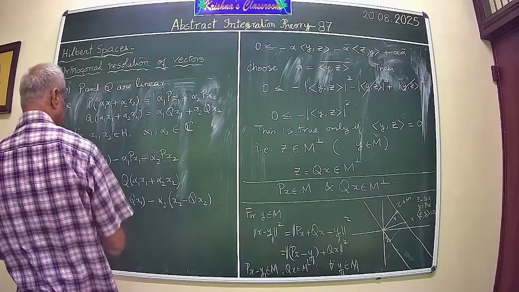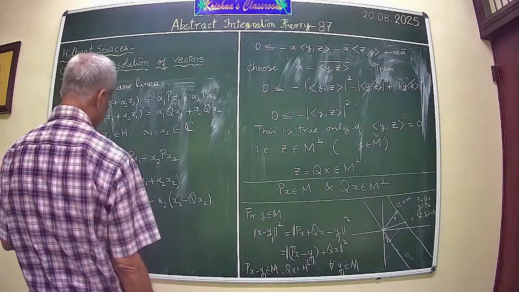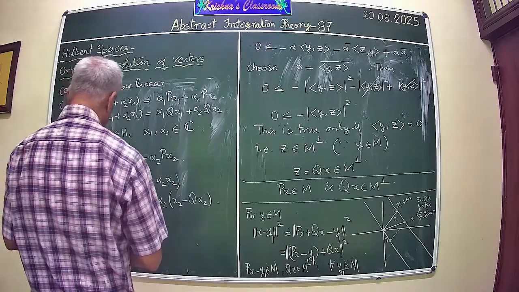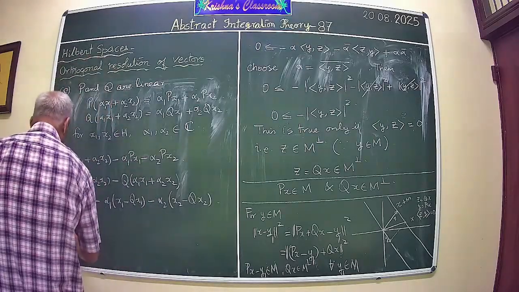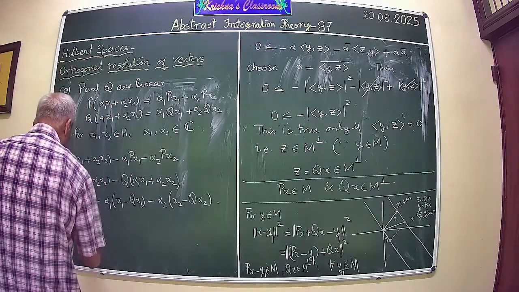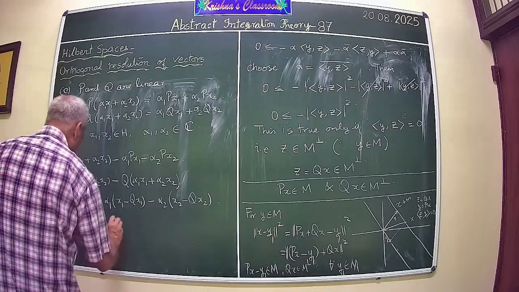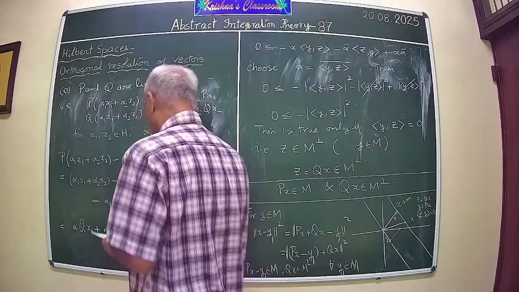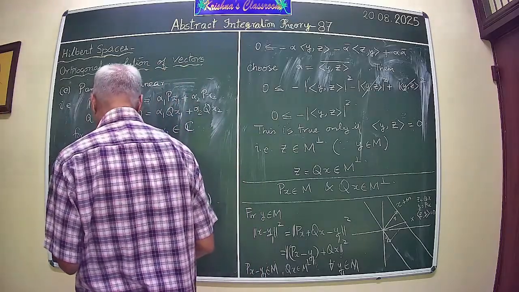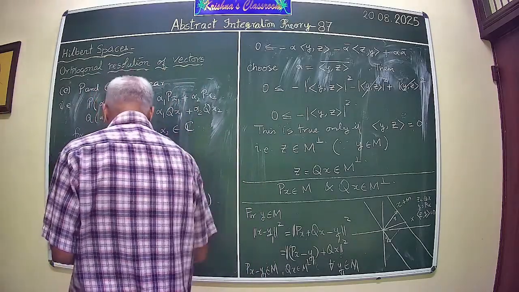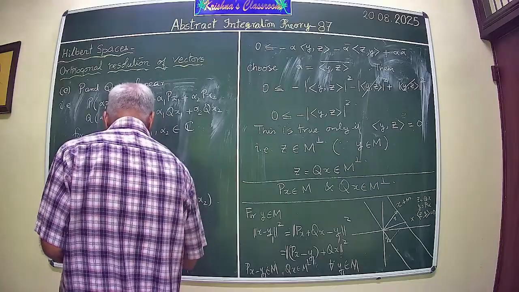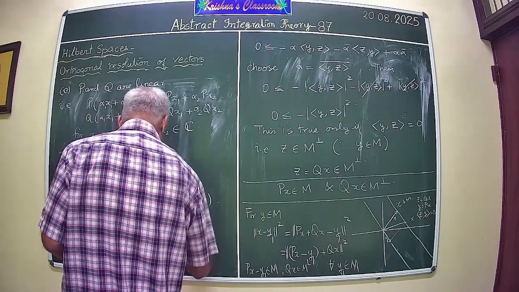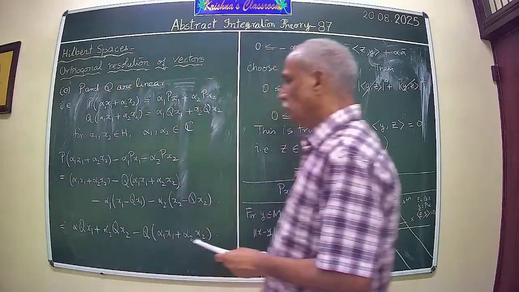So it is going to be alpha 1 Qx1 plus alpha 2 Qx2 minus Q of, so this is what you get.